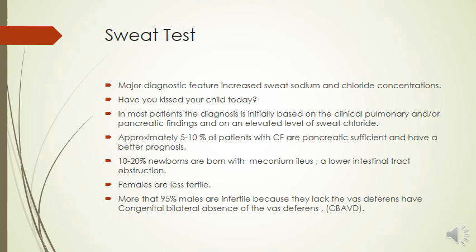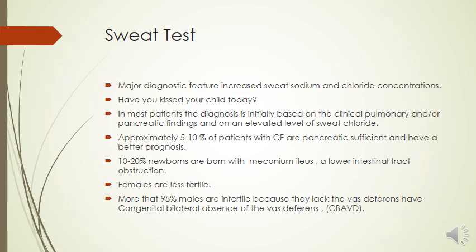In most patients, the diagnosis is initially based on the clinical pulmonary and/or pancreatic findings and on the elevated level of sweat chloride. Approximately 5 to 10% of patients with CF are pancreatic sufficient and have a much better prognosis since their nutrition is not impaired. 10 to 20% of newborns are born with meconium ileus, which is a lower intestinal tract obstruction.